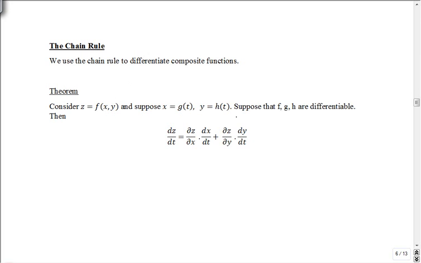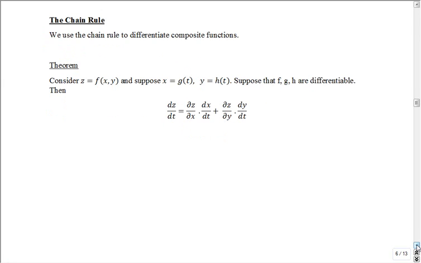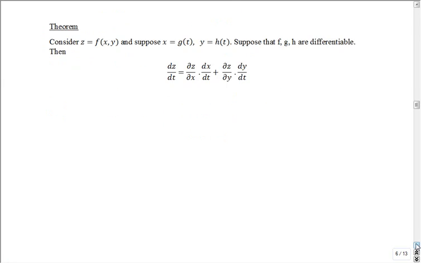An easy way to remember this is by a little drawing. And it will make more sense when we go into more partials. So z is a function of x and y, right? And then x and y are both functions of t.